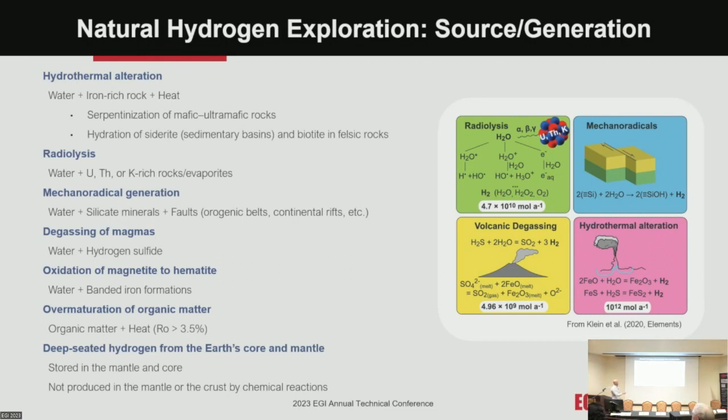And then this is another one, deep-seated hydrogen. This is hydrogen generated during the formation of the Earth, which stays close to the core or the inner mantle, and it is still degassing. This is supposed to be a large source of hydrogen. Okay.